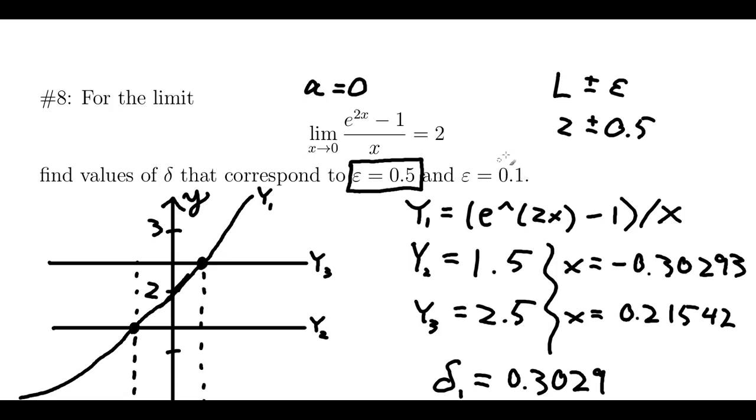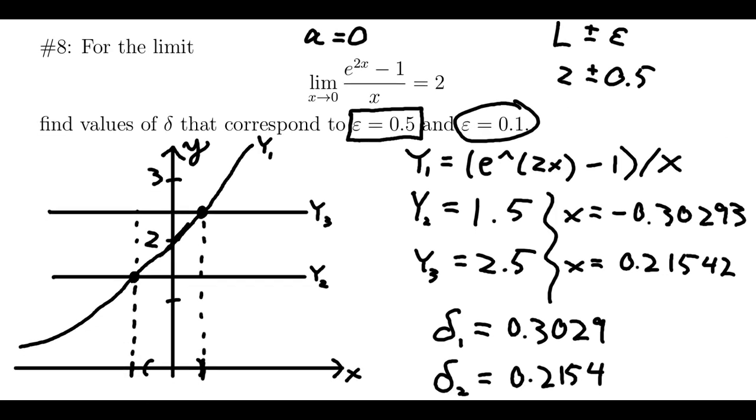Now, that was the first part of this problem. Second part asked us about 0.1. Well, I'm not going to work through all of that. The details are much the same. I'll leave that to you to try out and confirm. This was an epsilon boundary of 0.5 above and below. 0.1 would be something much tighter, right?